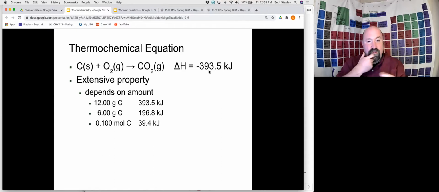So half a mole would release about 196.8 kilojoules of energy. If I'm told that I have 1/10 of a mole, 0.100 moles of carbon, that's going to release 1/10 of the energy, 39.35. And so it's an extensive property, and it goes by the stoichiometry, which is very important for us.